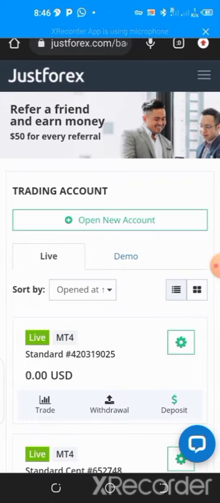You understand now? The word demo means fake. It will give you money which will help you to study the market, because it's only when you pass through demo that you'll be able to trade live. So you have to first go through demo and be sure you are ready before you can step into live.